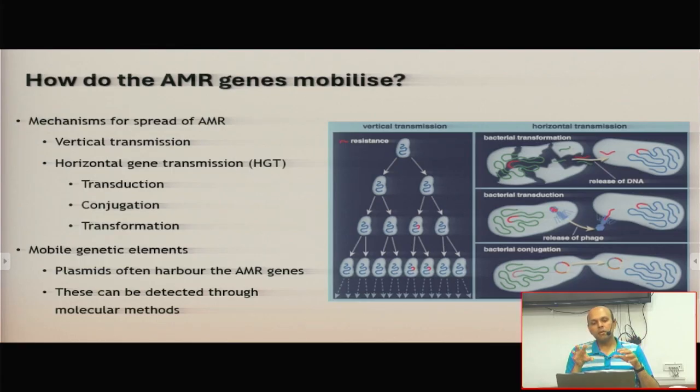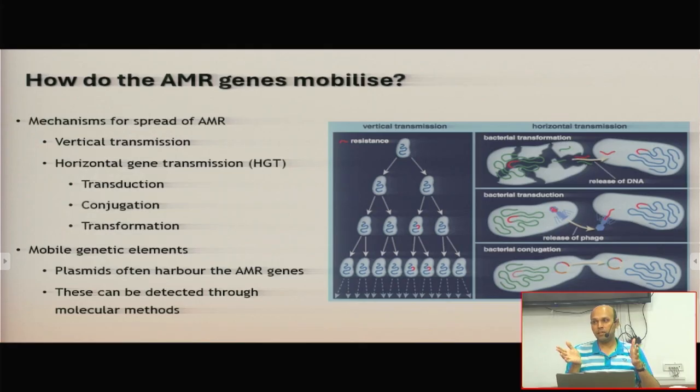The phage will come and sit on the bacterium and release its genetic material, which goes inside the bacterium and hijacks its cellular machinery, creating more and more bacteriophages. So that is transduction.